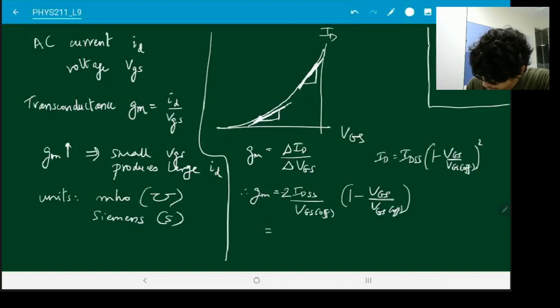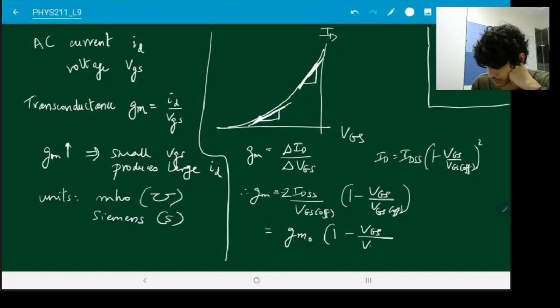And this quantity over here, minus 2 IDSS over VGS off, is called gm0. So gm0 times (1 minus VGS over VGS cutoff).